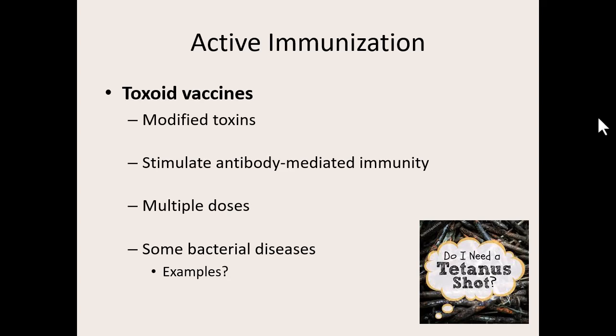Again, we'd break it up so that obviously the toxin's not going to do any damage. But it's so that your immune system recognizes the toxin. That if that bacteria ever did get in the body and started producing the toxin, your body can mount an immune response against that toxin to try to neutralize it so it cannot cause disease.